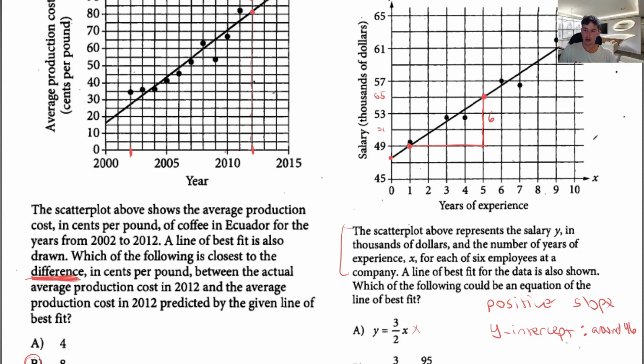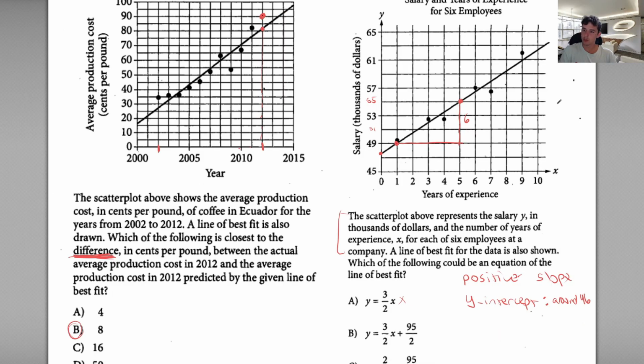So slope, rise over run, equals 6 over, from 1 to 5, that's a run of 4. So rise is 6, run is 4, and that's equal to 3 over 2 when we simplify it. So the slope is 3 over 2.